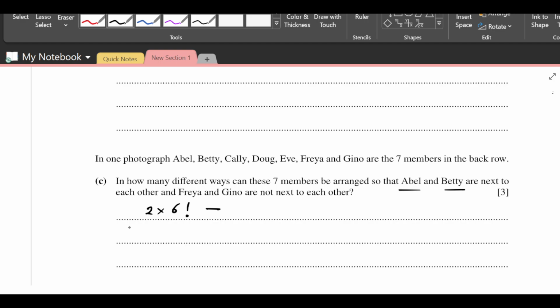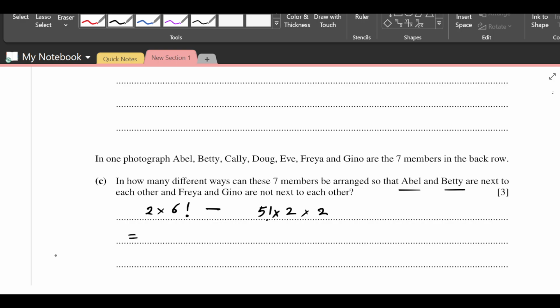So when I consider Gino and Freya also together, Gino and Freya will also be considered as one, so it will become 5 factorial. I will multiply this 5 factorial by 2 to indicate that Abel and Betty can change their position, and I will again multiply by 2 to indicate that Freya and Gino can change their position.